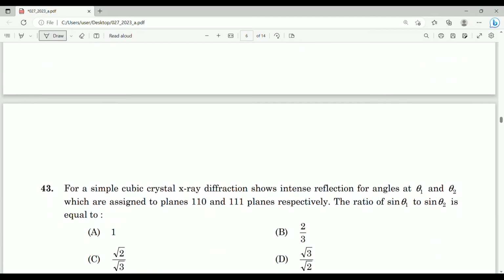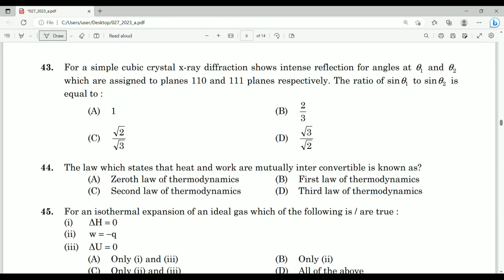Next question. For a simple cubic crystal X-ray diffraction, shows intense reflection for angles at theta 1 and theta 2, which are assigned to planes 110, 111 respectively. The ratio of sin theta 1 to sin theta 2 is Bragg equation n lambda equal to 2d sin theta. So 2d1 sin theta 1 equal to 2d2 sin theta 2.